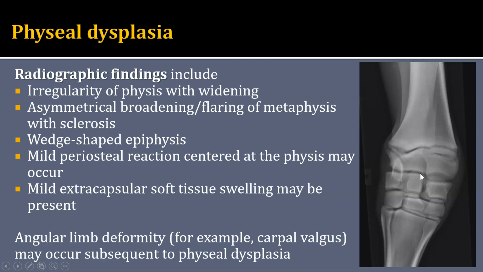And so because it's centered at the carpus, this deformity is carpal valgus. So valgus deformity is when the lateral side or the distal part of the limb is more laterally angulated. So it's quite common for us to see carpal valgus, and then fetlock varus is usually the angular limb deformity if the distal metacarpal 3 or metatarsal 3 is involved.